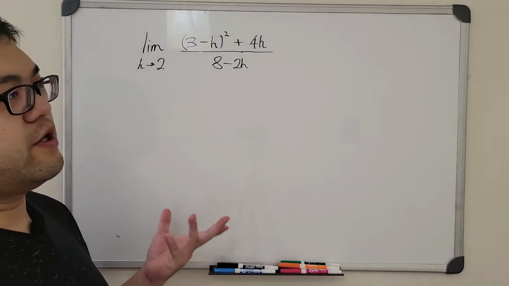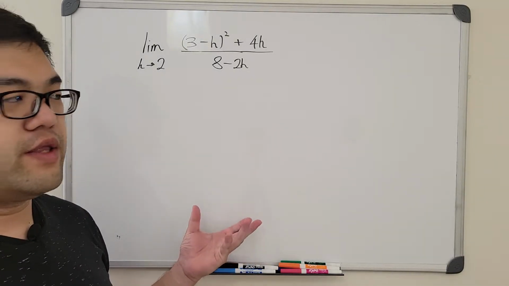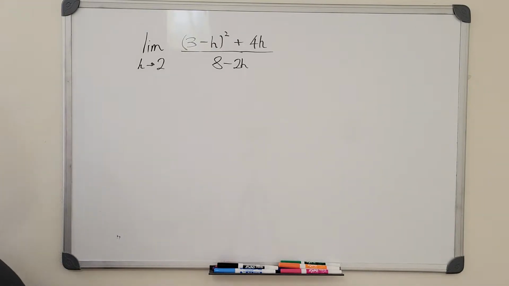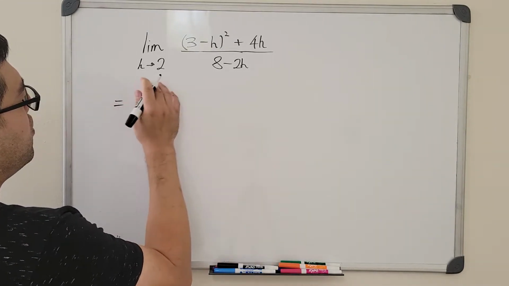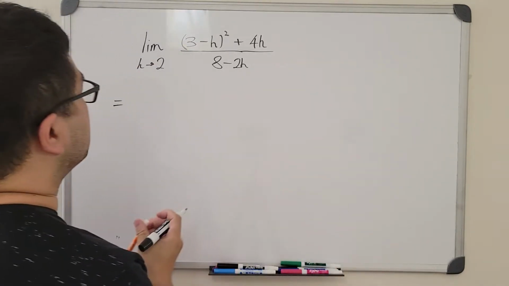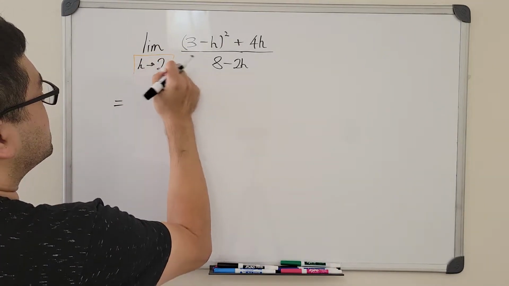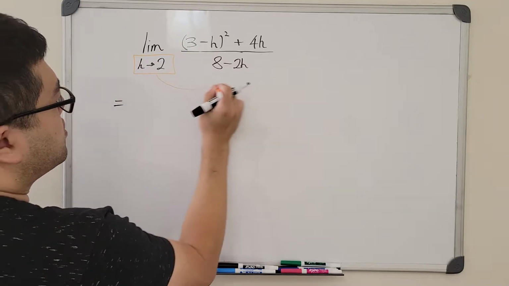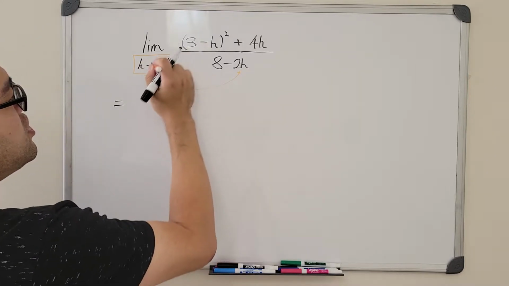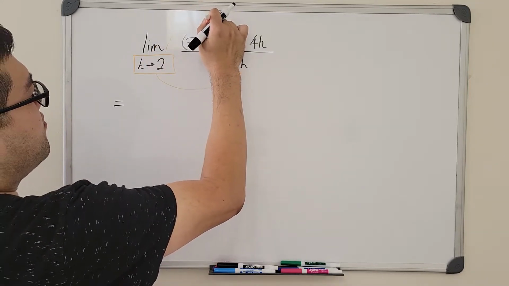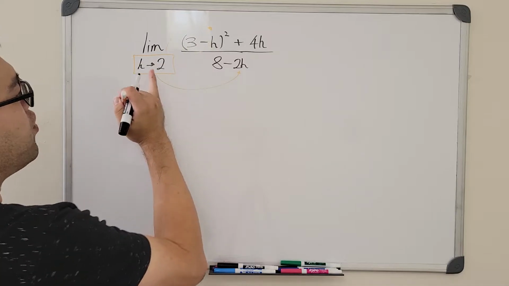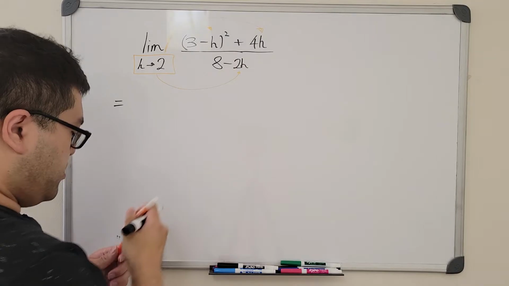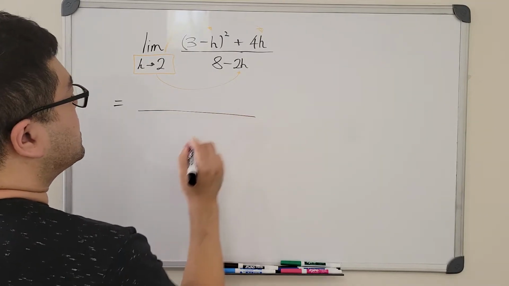Since this is a video for beginners, we'll just go easily. We only need to use this idea, h approaches 2, and we replace all the h in the expression by what we're approaching, which is 2 in this case.